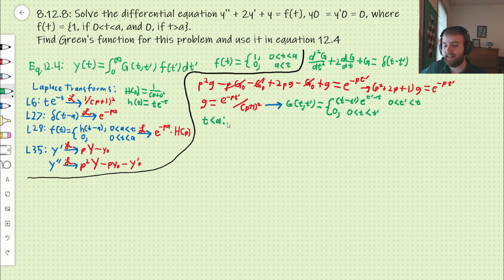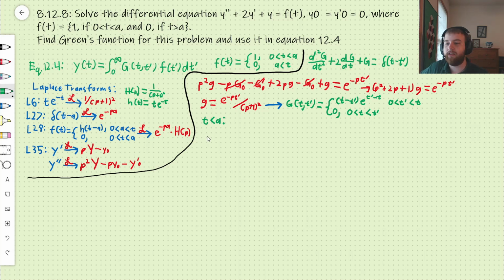But our t is less than a, so this is going to be 1 everywhere, because we are fulfilling that condition.